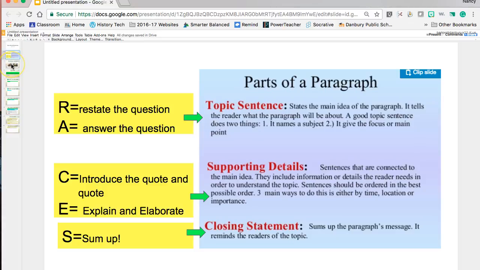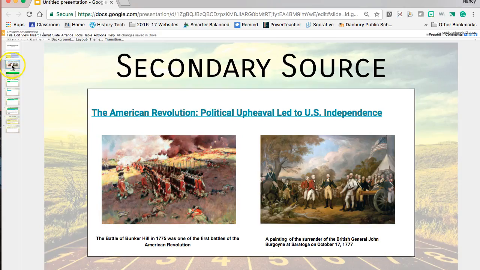So what I'm going to do to use it as an example is I'm going to go back to the secondary source that we have discussed. It's called The American Political Upheaval Led to the U.S. Independence.